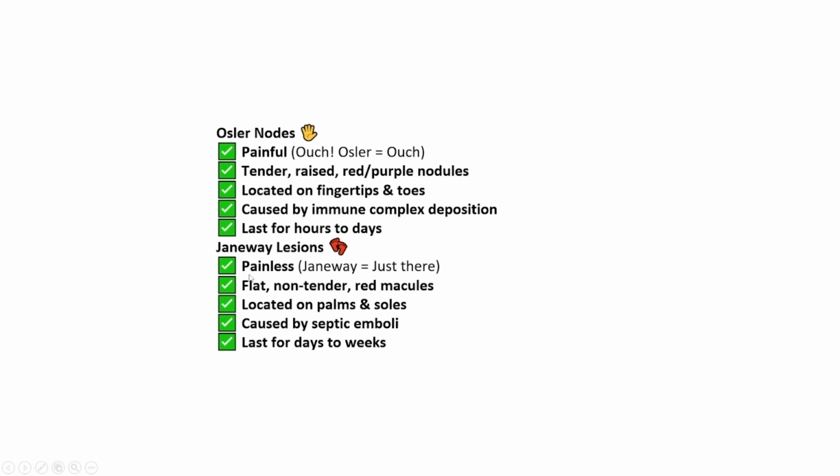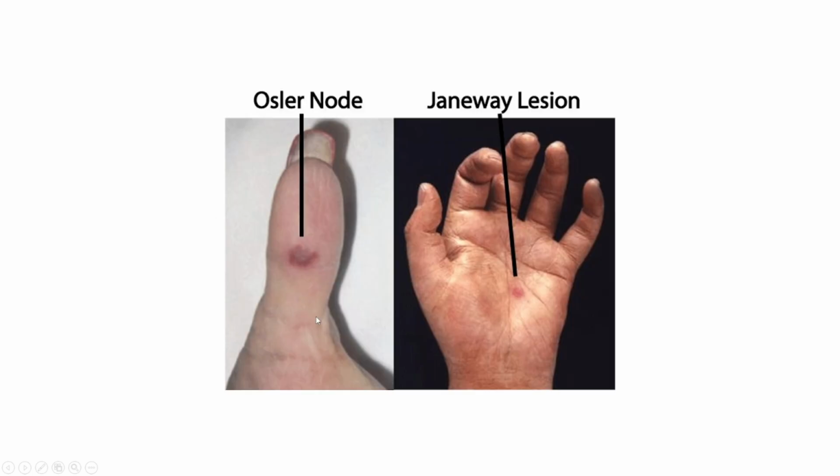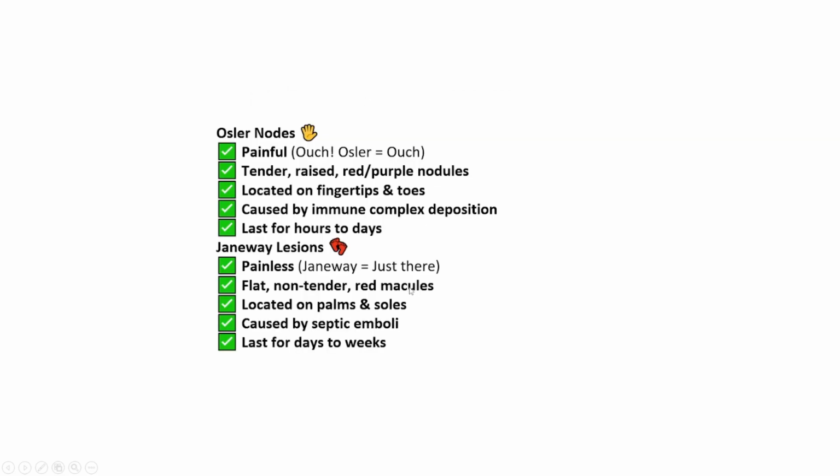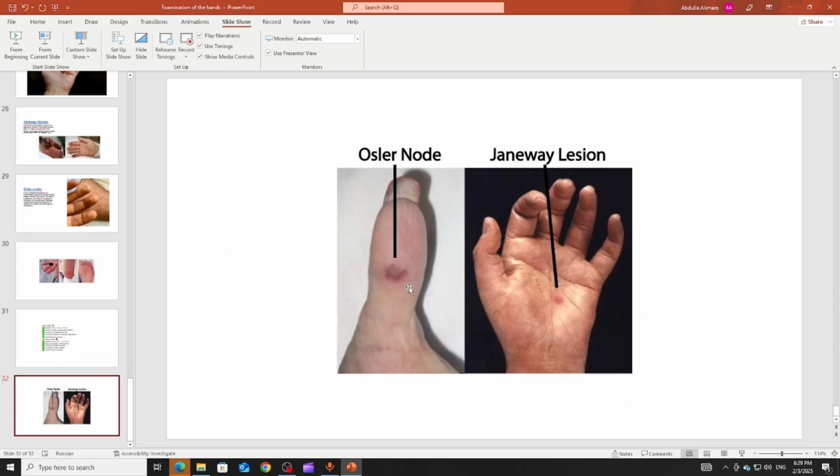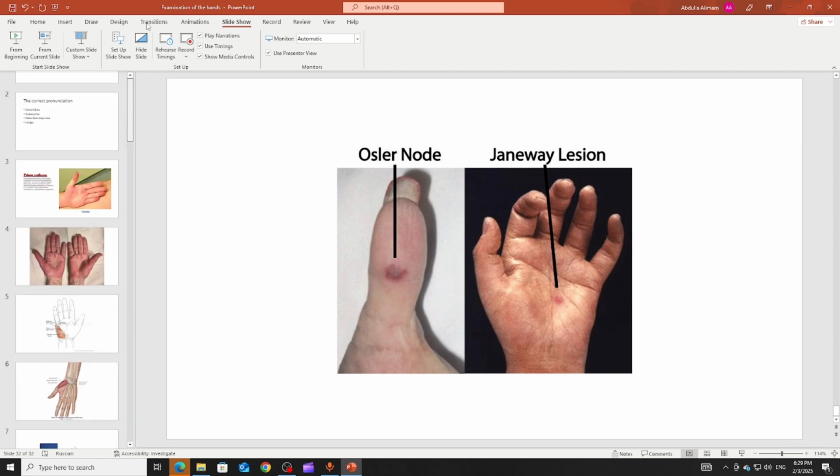Janeway lesions are painless, flat, red macules located on the palms and soles, caused by septic emboli, and last for days or weeks. These are the other differences: tips versus palms, raised versus flat. They both indicate infective endocarditis. And that's actually all for today's lesson.